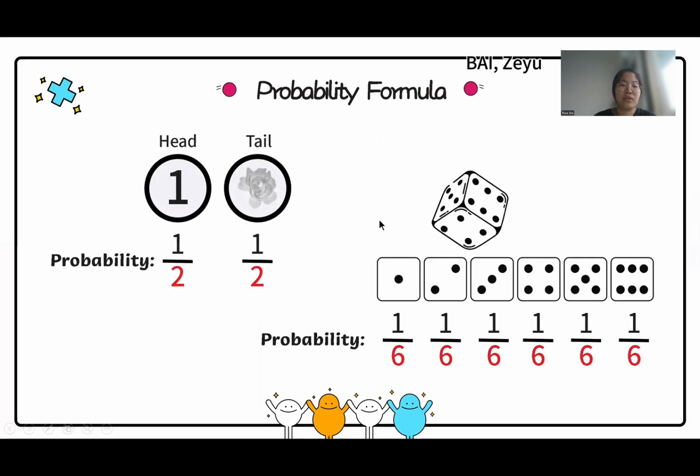Such as flipping a coin, it has 2 possible cases, then the denominator is equal to 2 and the probability is 1 over 2. And the other one, throwing a dice, it has 6 possible cases, so the denominator is equal to 6, and the probability of each side is equal to 1 over 6.